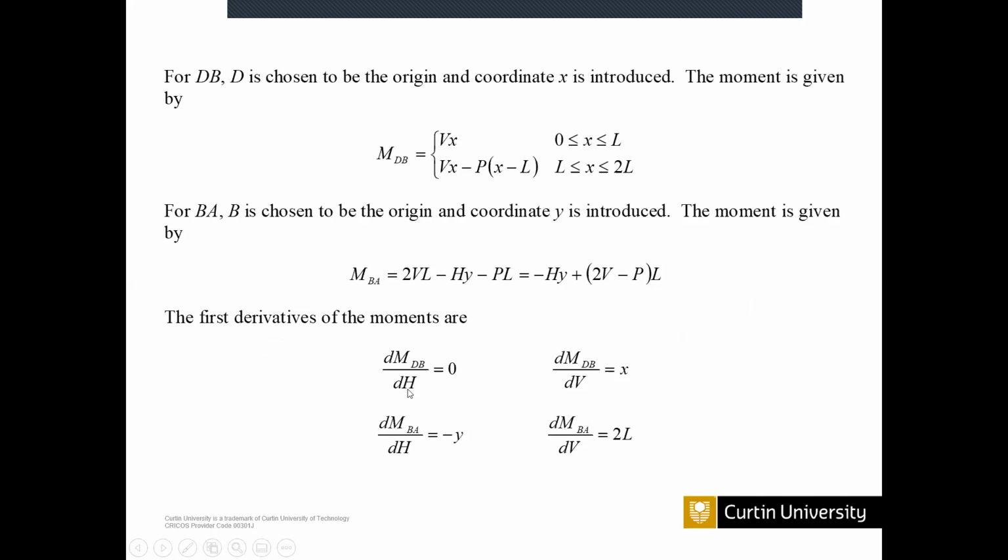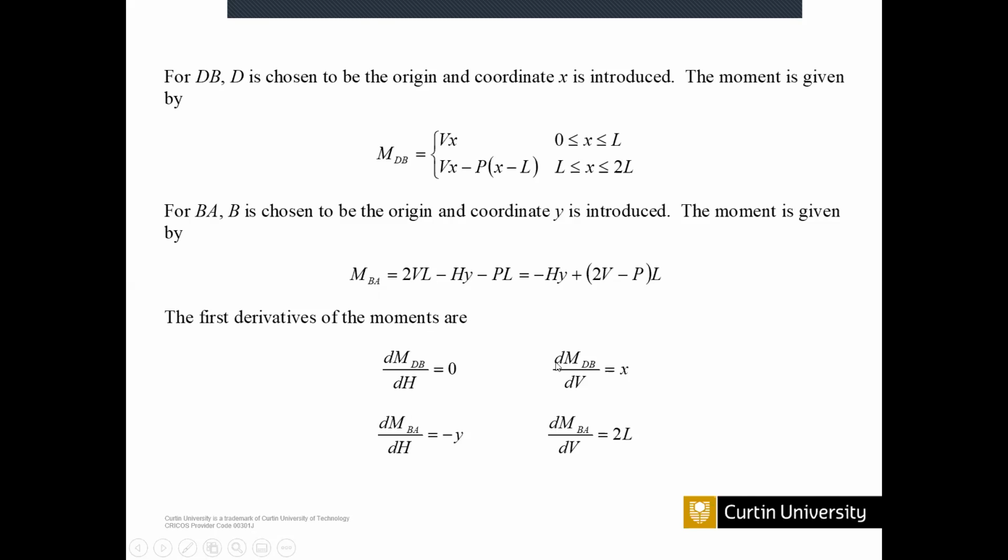So for the DB section, we find the first derivative, and for the BA section the horizontal one is minus y, and this one the vertical one is x. This part we don't need to consider because there's no V. And then the vertical deflection of the BA section is 2L.